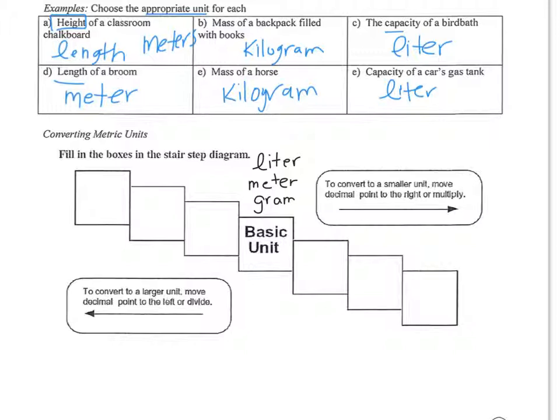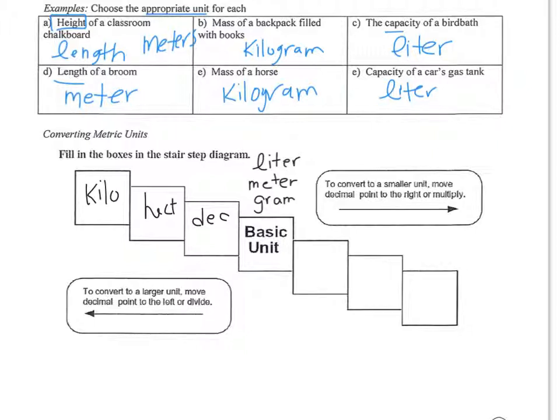So over here are smaller units. So 10 meters is equal to 1 decameter. So deca is the prefix. 10 decameters is equal to 1 hectometer. And 10 hectometers is equal to 1 kilometer.